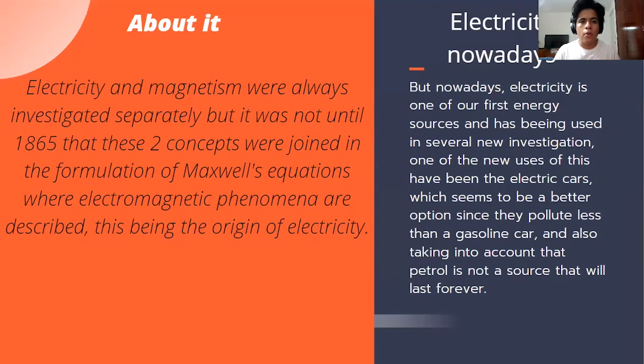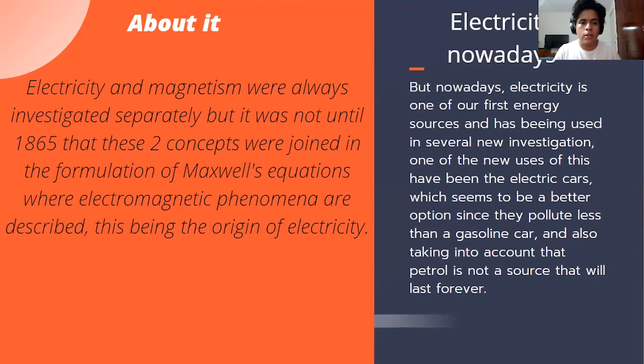First, I want to talk a little bit about the context of what this is about. As we have here, electricity and magnetism were always investigated as separate or very different things. But it was not until 1875 that these two concepts were joined in the formulation of the Maxwell equations, where electromagnetic phenomena are described.